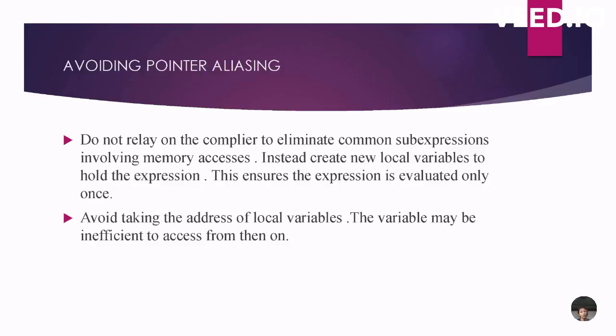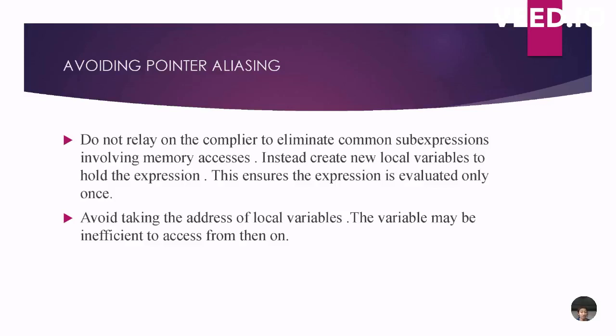Next, avoiding pointer aliasing. So how to avoid the pointer aliasing? Here we are going to see. Do not rely on the compiler to eliminate common sub-expressions involving memory access.